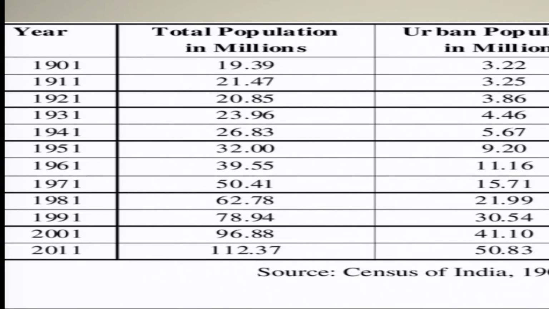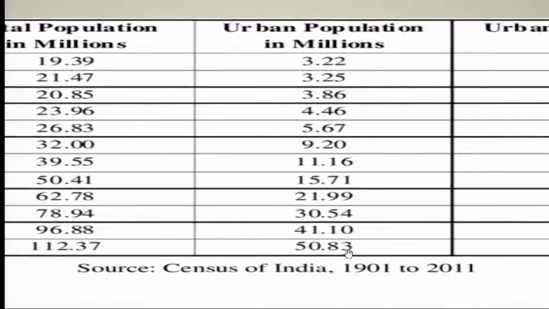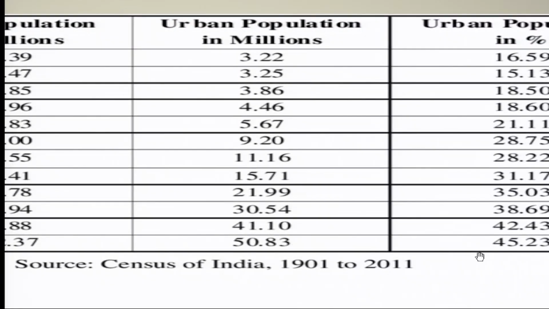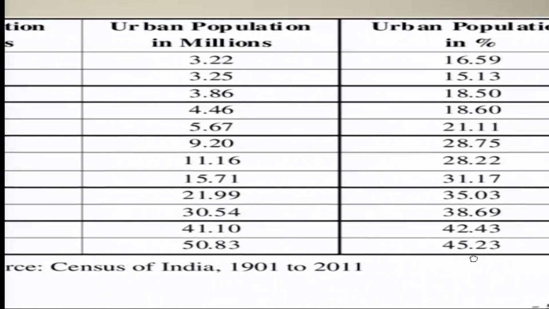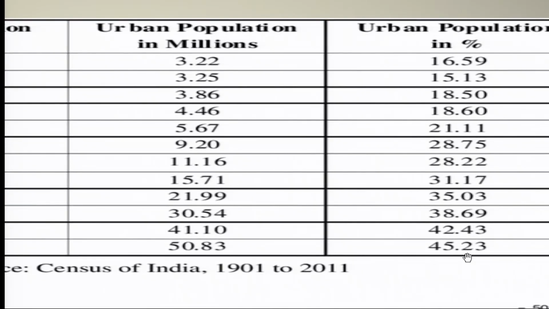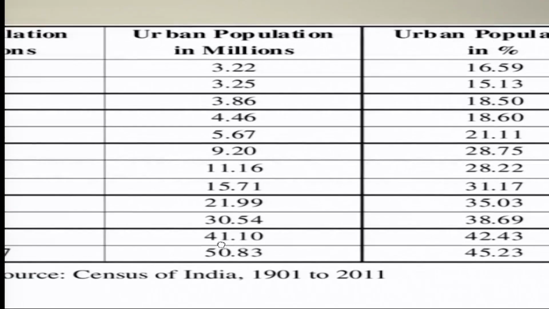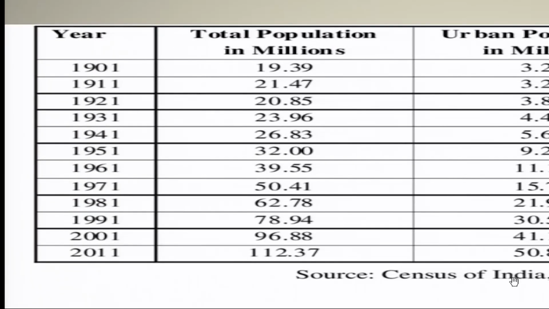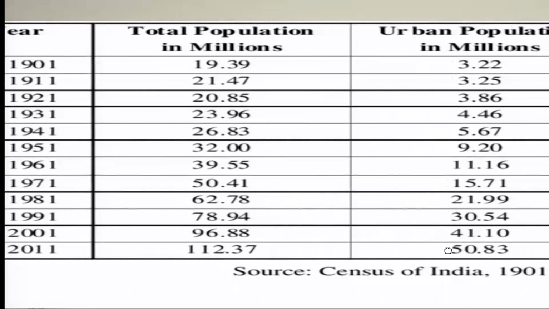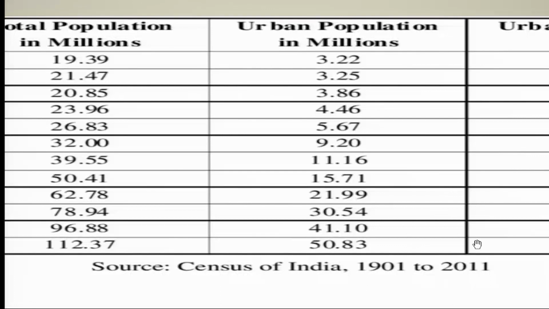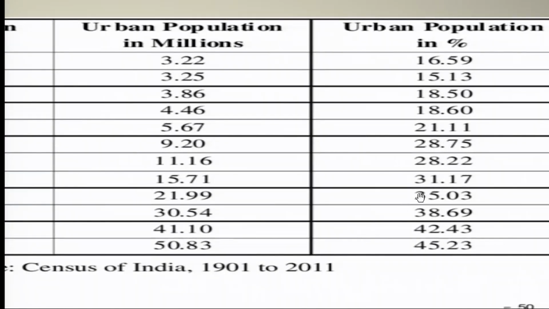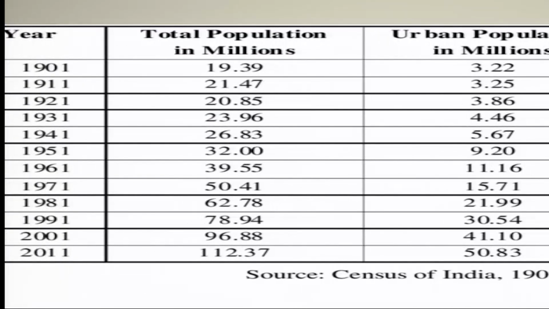In 1941, the total population is going to be 26.83 and the urban population is going to be 5.67, so that the percentage becomes 21.11%. In the year 1951, the total population in million is going to be 32, where the urban population is going to be 9.2 and the percentage is going to be 28.75. This is up till 1951.